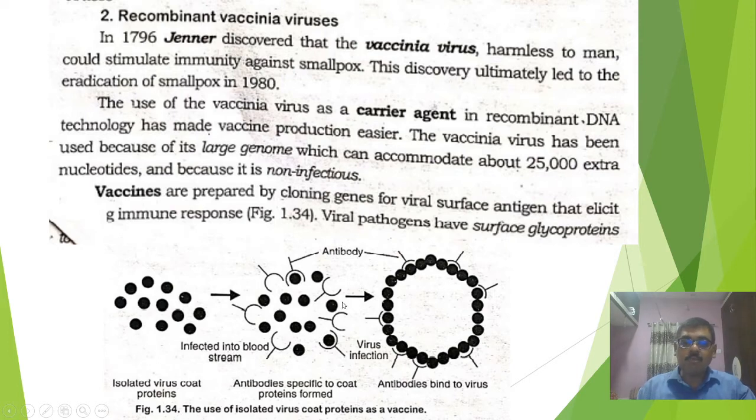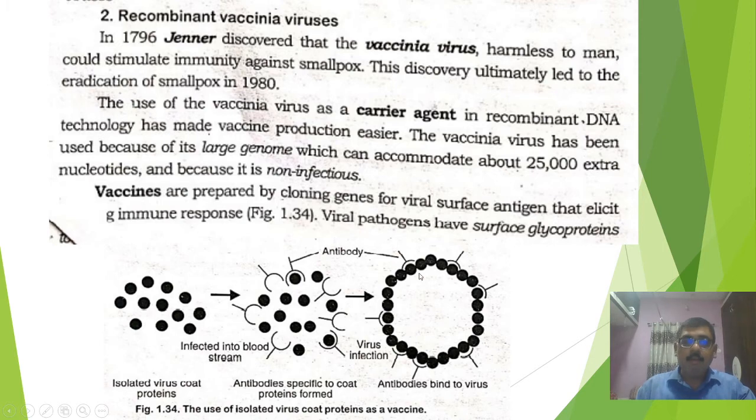Then the antibodies which are present in the blood will attach to this antigen or this virus. The antigen-antibody reaction will occur and it will inactivate this virus. So this is how an isolated virus protein is used as a vaccine.